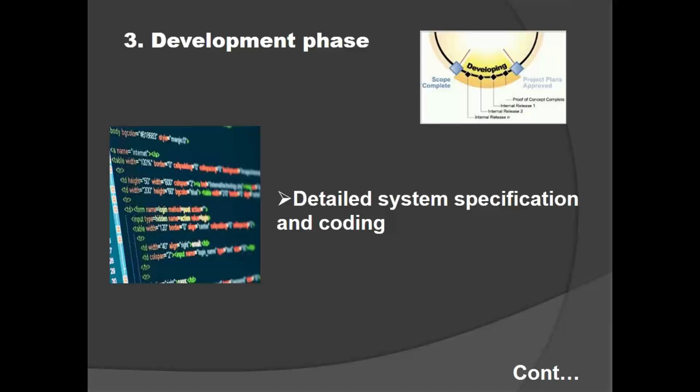Then he will expose everything to the development team, whatever information he knows about the project, he will completely expose each and everything. Then after that, the development team starts doing coding or programming.